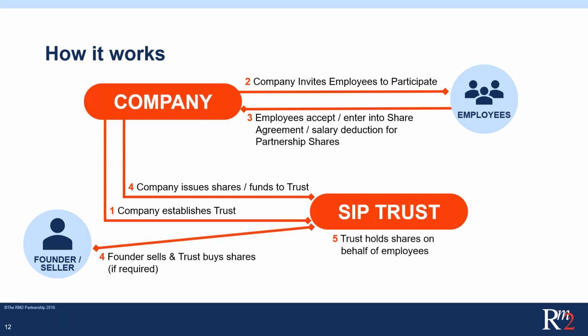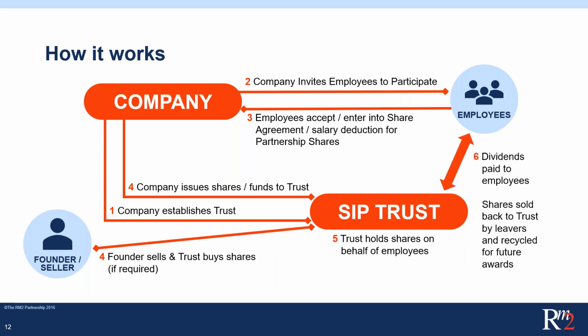And then the SIP trust sits and holds shares on behalf of the employees, and the shares usually just stay there until something happens, for example, a leaver or something along those lines. Basically, it'll just sit and look after the shares on behalf of all of the employees, and that's where the SIP trustees come into play.